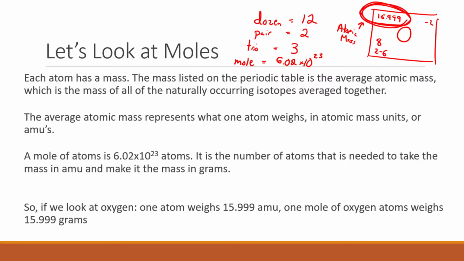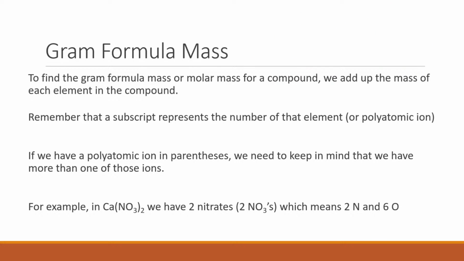Let's look at some ways that this can be tricky. When we talk about a compound or a molecule, and we want to know what 1 mole of that substance weighs, we need to do some light math.